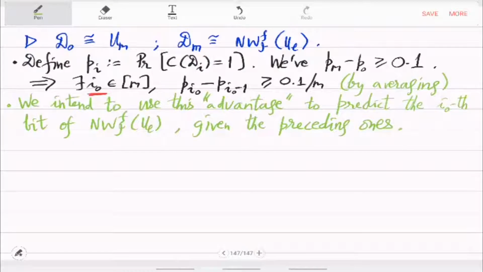If you are given everything till I0 minus 1, then the I0th bit we will try to predict using this probability difference, and obviously using the circuit C that is given to us.